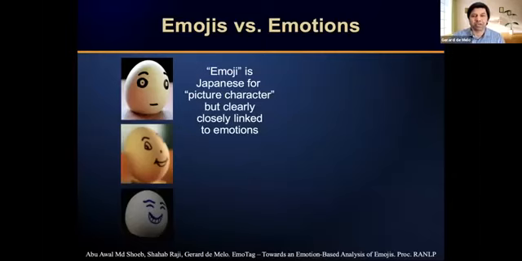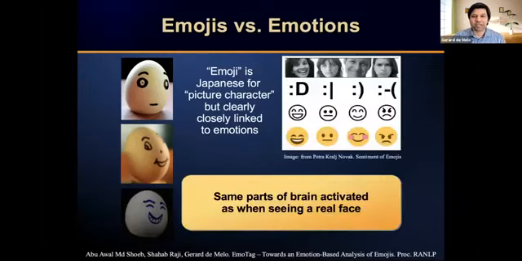And so it's just a coincidence that it happens to be so similar, but there are studies that show that the same parts of the brain are activated when you see an emoji as when you see a real face. And so this really shows how important emojis can be, and they really fill a gap when texting or when communicating by email.